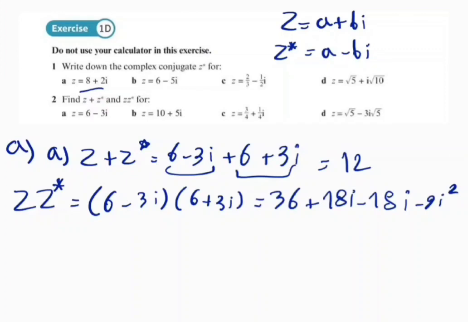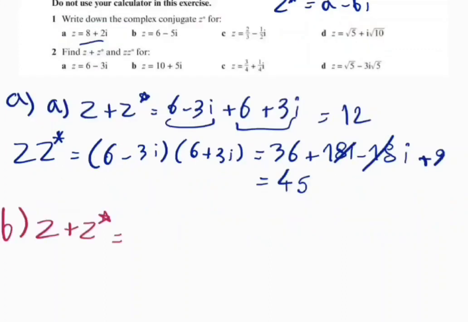But we know that i squared is minus 1, so this gives us minus 1 times minus 9, which is plus 9. Again the imaginary parts will be gone. Then we have 36 plus 9, which is 45.